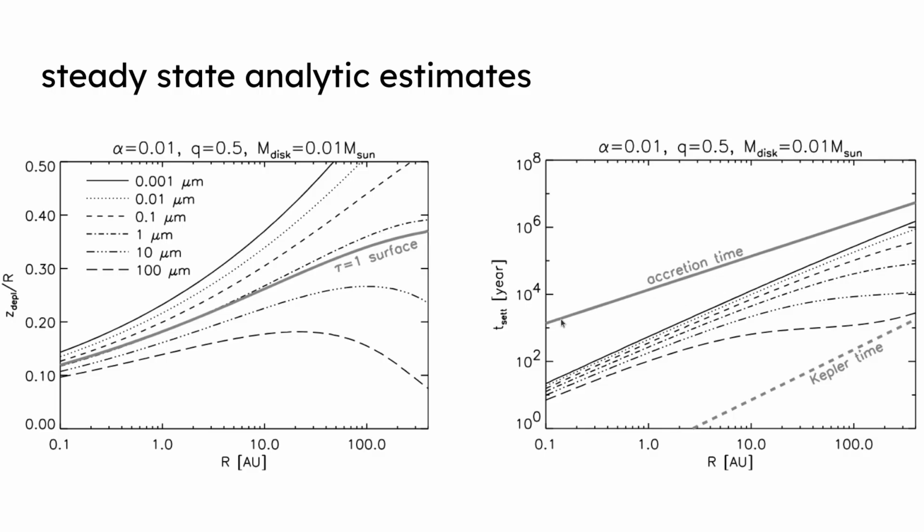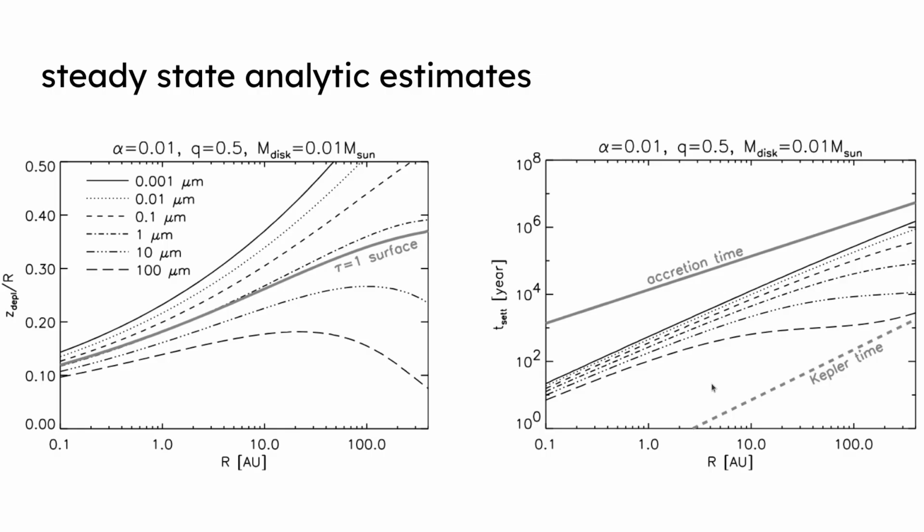So this is essentially an estimate of the lifetime of the disk. The conclusion here is that dust has enough time to settle before the disk accretes onto the star completely.